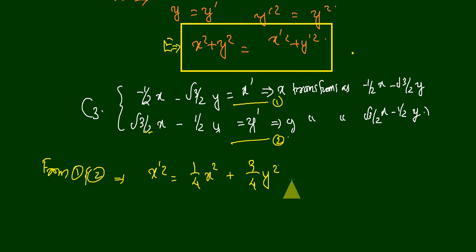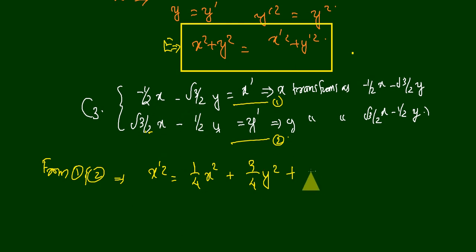അപ്പോൾ നമുക്ക് എങ്ങനെ എഴുതാം? പ്ലസ് 2 into half x into root 3 by 2 y. ഇവിടെ രണ്ടിനും മൈനസ് സൈൻ ആണുള്ളത്. ആ രണ്ട് മൈനസും കൂടെ ചേർന്ന് പോസിറ്റീവ് ആയി പോയിക്കൊള്ളും. അപ്പോൾ നമുക്ക് എങ്ങനെ എഴുതാം? 2 into half x into root 3 by 2.